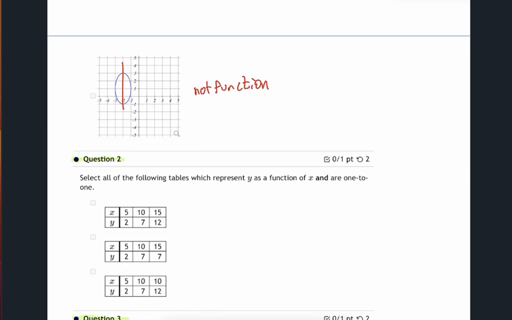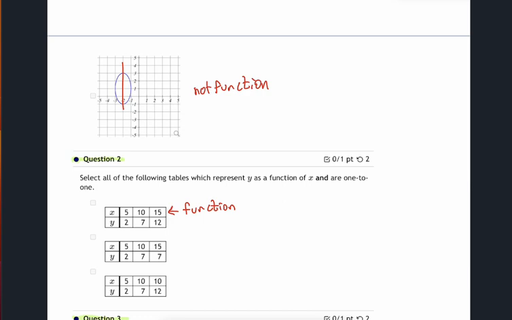Let's look at question 2. Now to see whether or not something is a function or represents a one-to-one function from a table, it's kind of the same idea. If the x's are all unique, then it's a function. If the x's repeat, it's not. So let's do that first. These x's are all different, so that's a function. We don't even have to look at the y's.